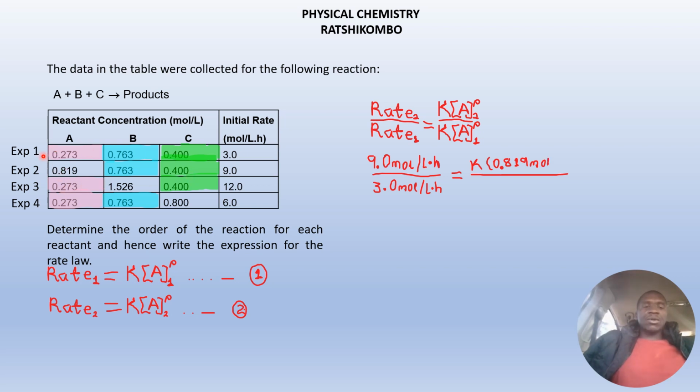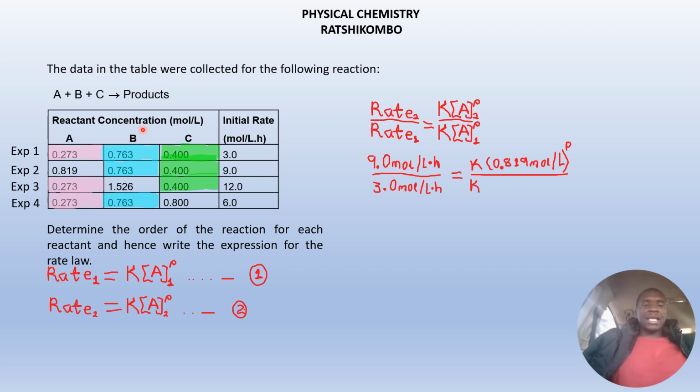You will realize that in experiment 1, A is constant because it's 0.273, and here in experiment 3 it is 0.273, right? Same applies to C in experiments 1 and 3: it is 0.4 and 0.4. So for experiments 1 and 3 only, A and C are constant. B is not constant.